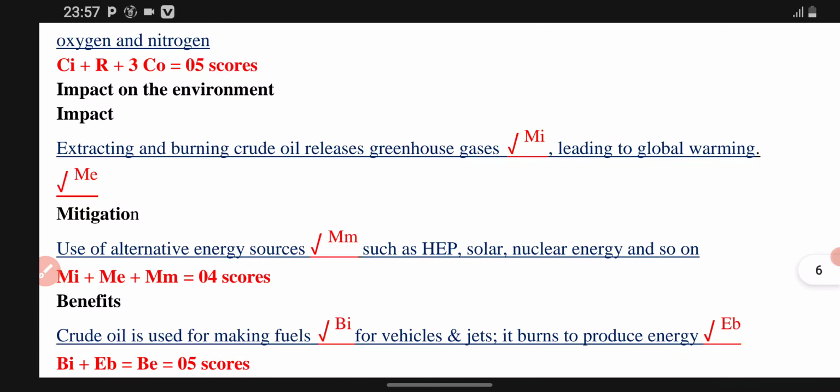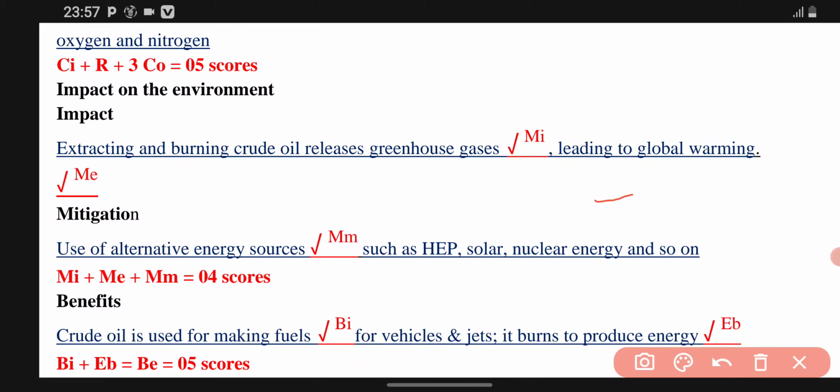Now the impact. Remember, this was also in the scenario. What could be the impact of such on the environment? Now we are saying extracting and burning crude oil releases now the greenhouse gases. I don't know whether you know the greenhouse gases, but I hope your chemistry teacher must have taught you that.